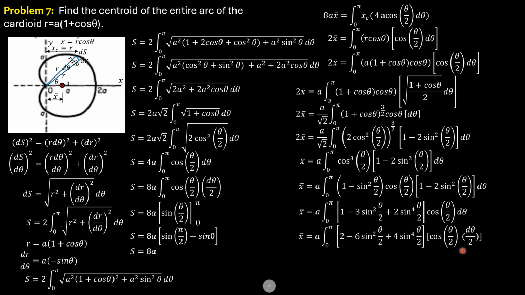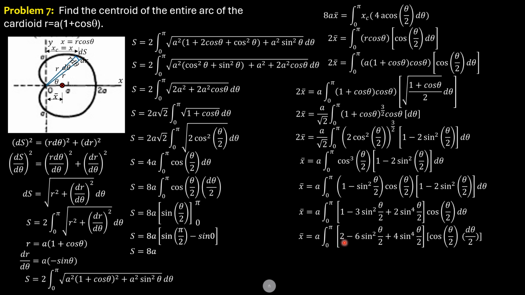Then if we let u be sine theta over 2, the differential is cosine theta over 2 d theta over 2. So it is in the form of the integral of, for instance, negative 6 u square du and 4u to the fourth du, which can be evaluated by the power formula.